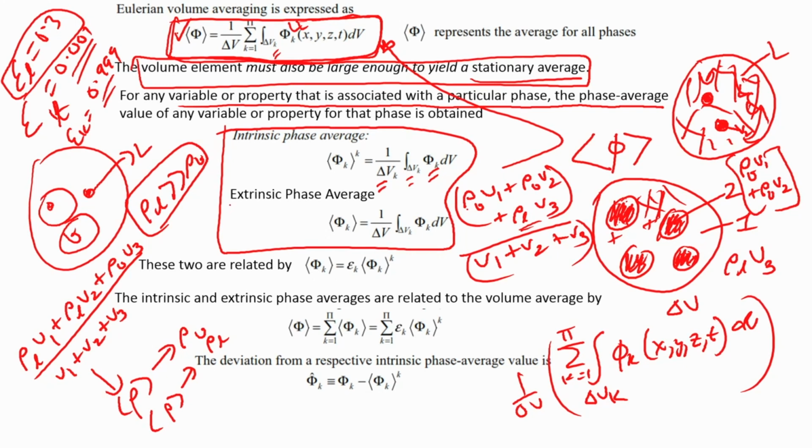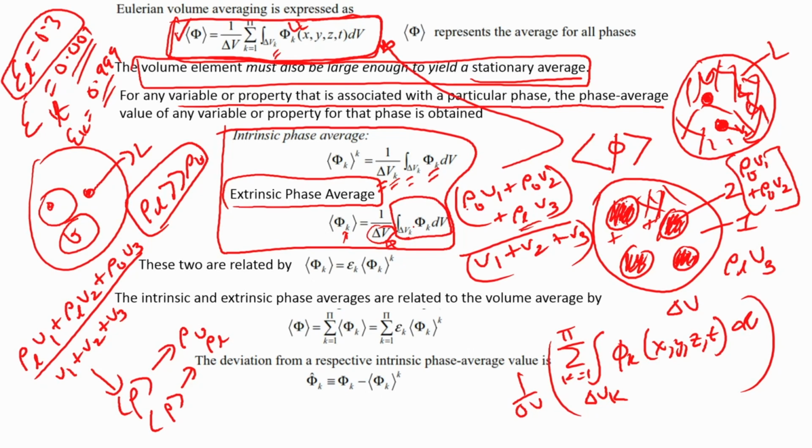On the other hand, in the extrinsic phase averaging, you are averaging a particular property belonging to a particular phase, but you are dividing it by the net volume. So, instead of the volume of that particular phase, you are averaging it over the total volume, but you are still doing the integration over the phase volume only.